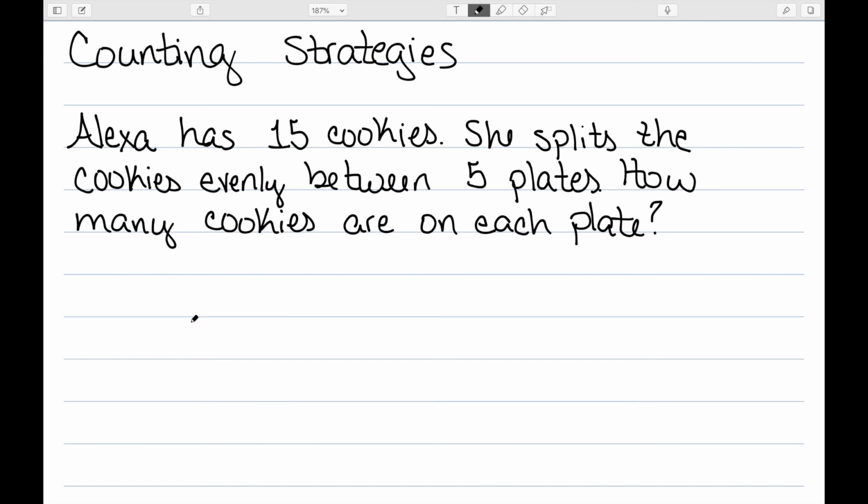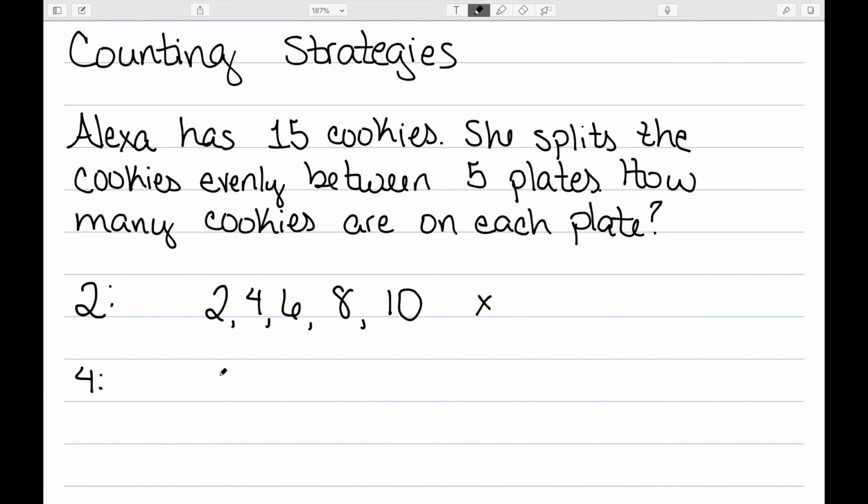Let's go back to the problem we were dealing with. In order to do this, like I said, we would need a trial and error method. So the way we would do this is, let's start by assuming there would be 2. Well, then we would count 2, 4, 6, 8, 10, and realize that's not enough, so that's going to be wrong.